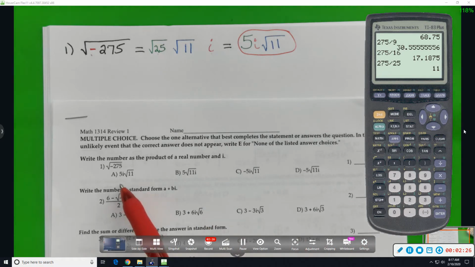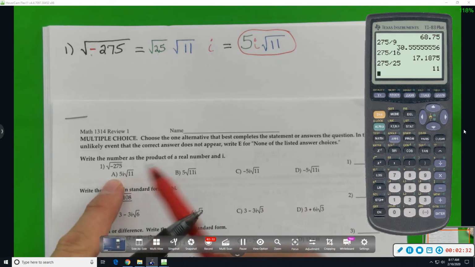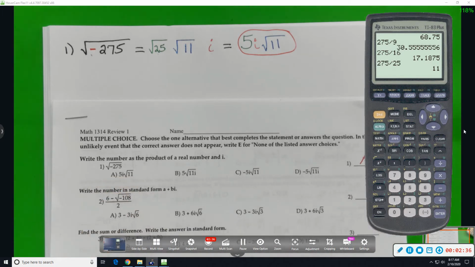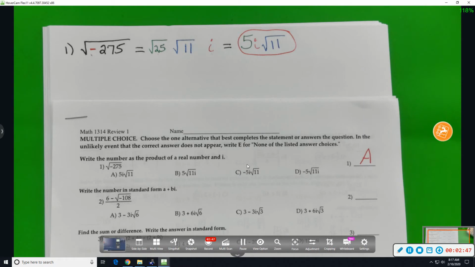Looking closely at these answer choices, they all start looking alike. The answer is A. I write an A in the blank. I don't put another number. Okay? Grading the letter, you write, oh, let me get rid of that calculator so you can see the letter I wrote in the blank. Okay?